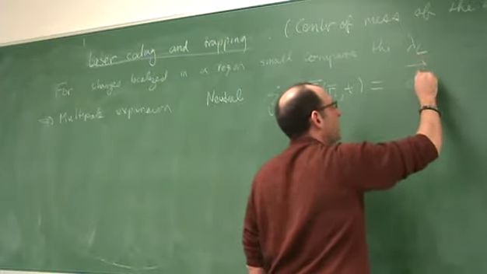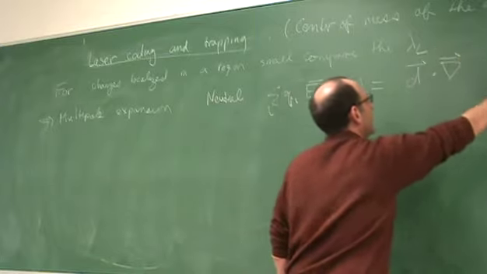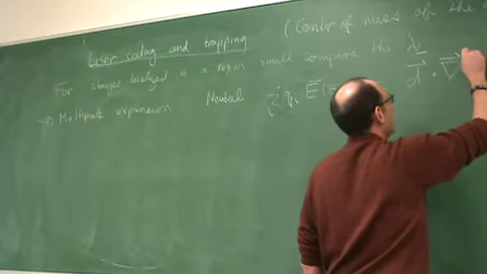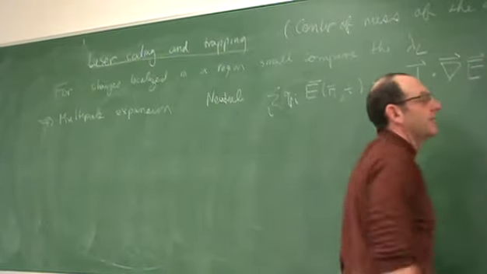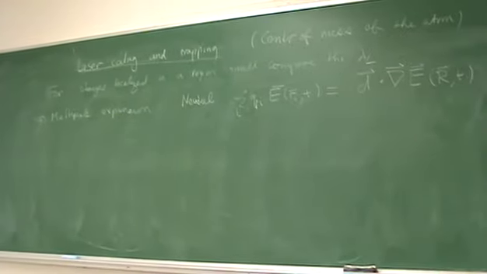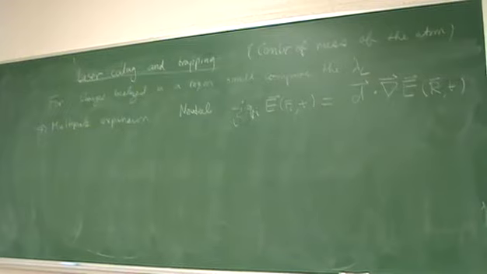And the force on a dipole is d dotted into the gradient of the electric field at the position of the center of mass. That is the force on a dipole, right? From classical electromagnetism. So I'm taking R here to be the center of mass position, which is essentially the nucleus.